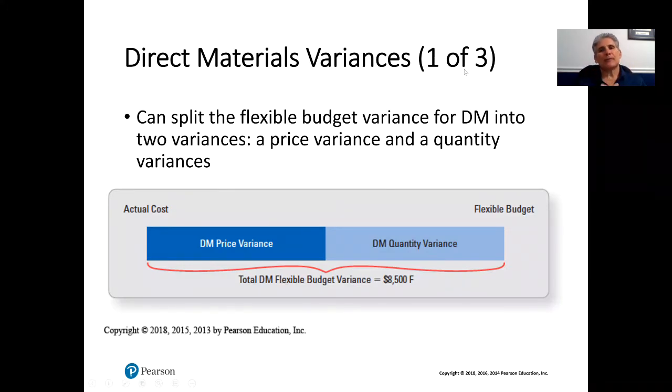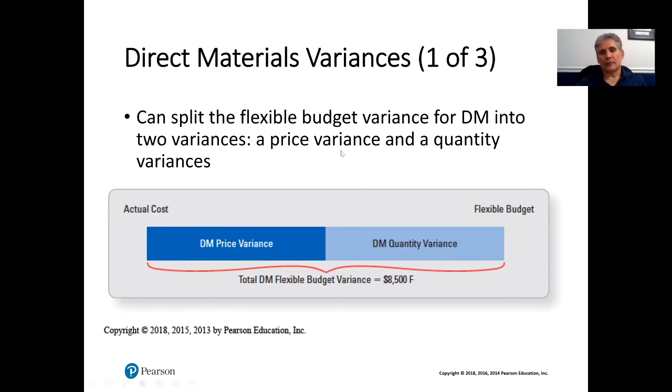Okay, so we came up with a flexible budget variance, but we really can split the flexible budget variance. The flexible budget variance, we know that we were favorable. We can actually split that up to get a little bit more detail about that variance into two variances.